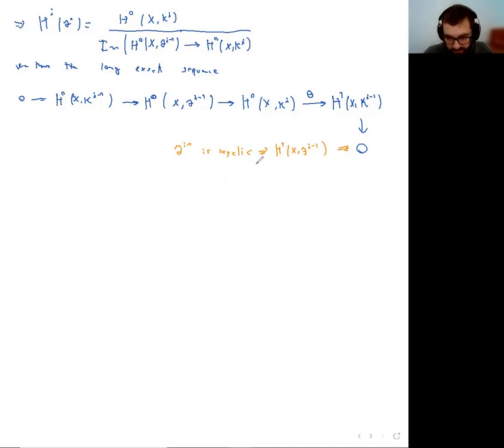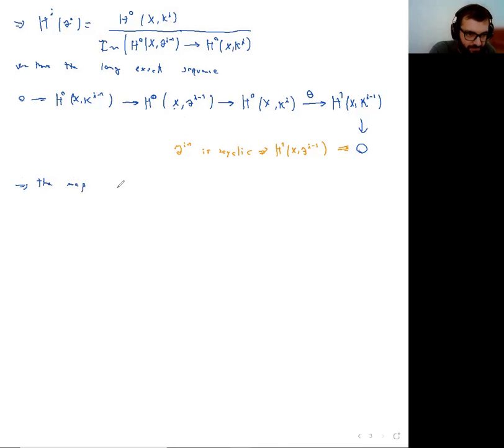But now this is great, because what we get is that this last map is surjective. And as you know, this is just a morphism of abelian groups, so you can use the isomorphism theorem telling you that the image is equal to the domain modulo the kernel. And the kernel of this map is precisely the image of the previous map, because this is an exact sequence. So let's write it down.